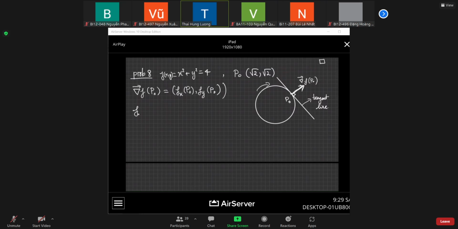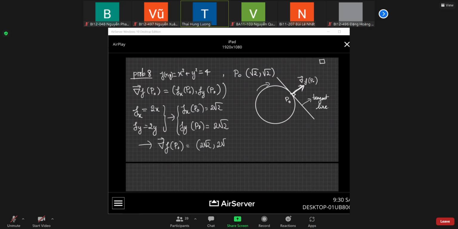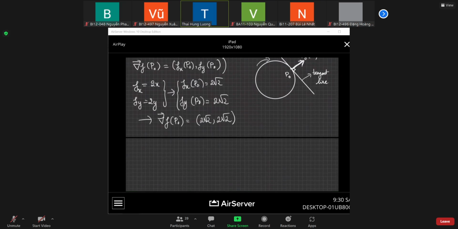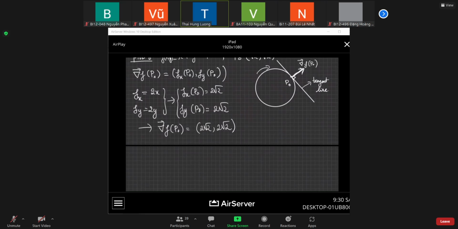If you have any question, you can stop me, okay? So, the gradient of f at P0, that is the gradient vector.